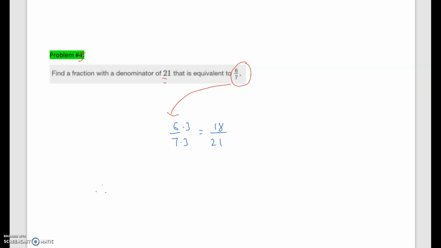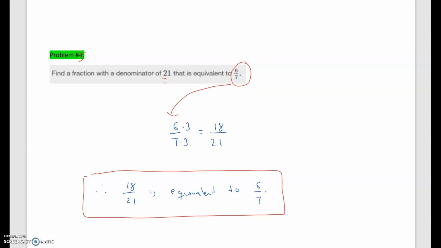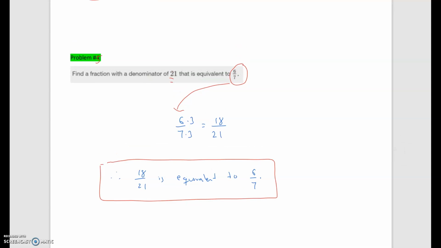So let me just write it as 18 over 21 is equivalent to the value of 6/7, and it contains the denominator of, in this case, they want a denominator of 21. That's actually it for this problem and this set of problems with equivalent fractions. That's it.